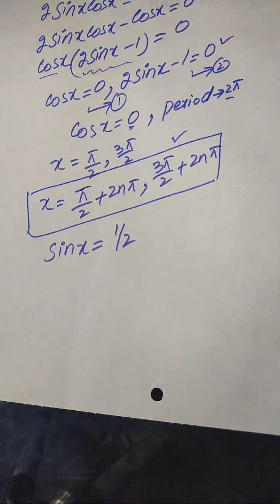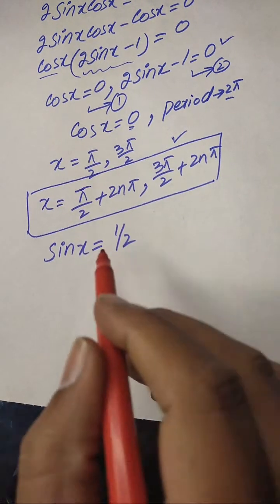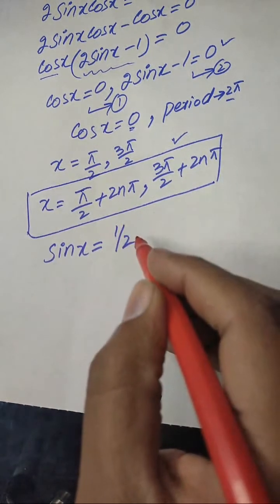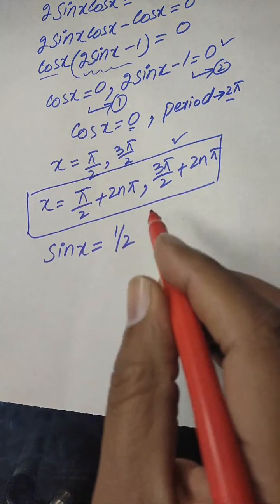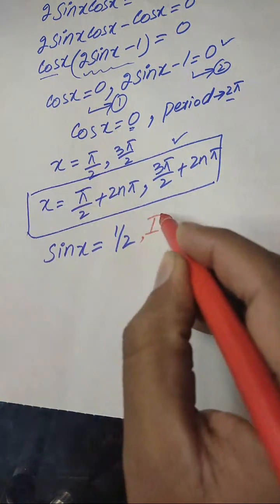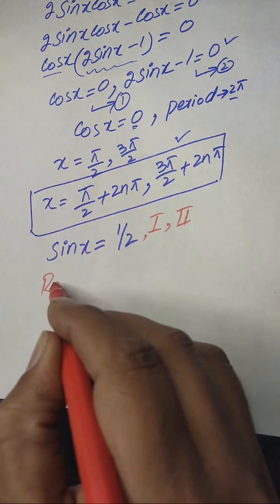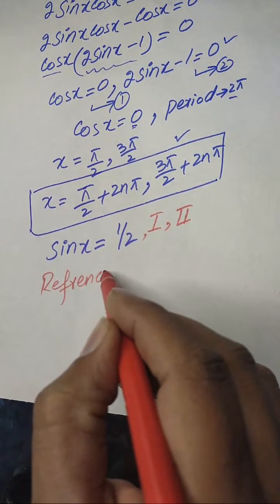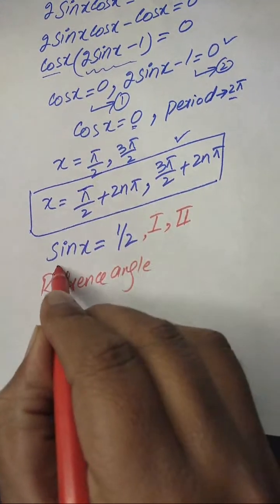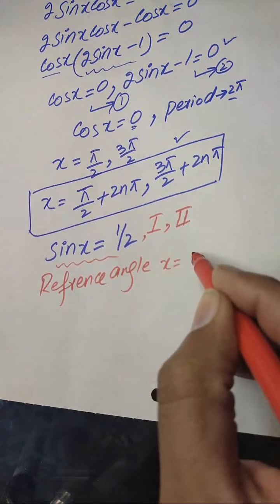The value of sine is 1 over 2 and it is positive, so it should lie in the first and second quadrant. So here the reference angle of this equation is x is equal to pi by 6.